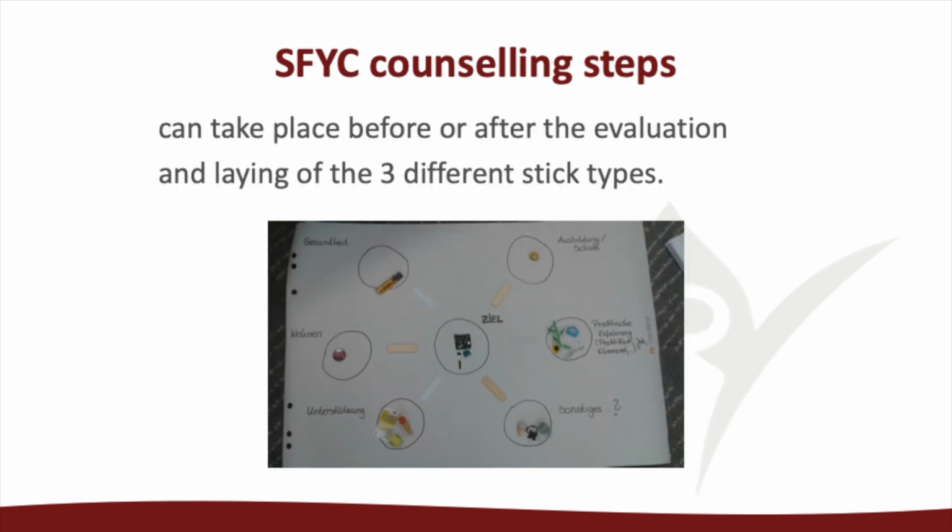What is specific with the basic clearing? The SfYC for Use Care counseling steps can take place before or after the evaluation and laying of the 3 different stick types. The counselor should take this into account when explaining the intervention.